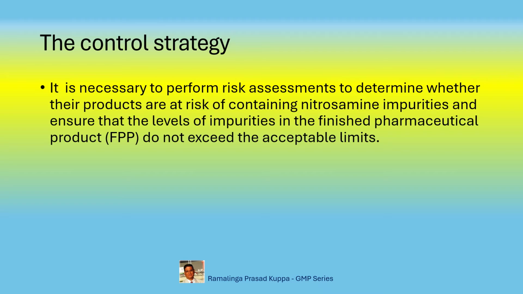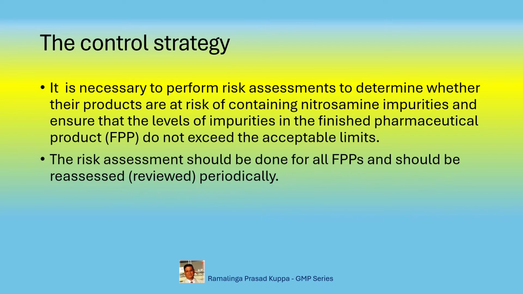The potential presence of the above listed amines and nitrosating reagents should be captured in a comprehensive way in the risk assessment report. The risk assessment should be done for all FPPs and should be reassessed and reviewed periodically.